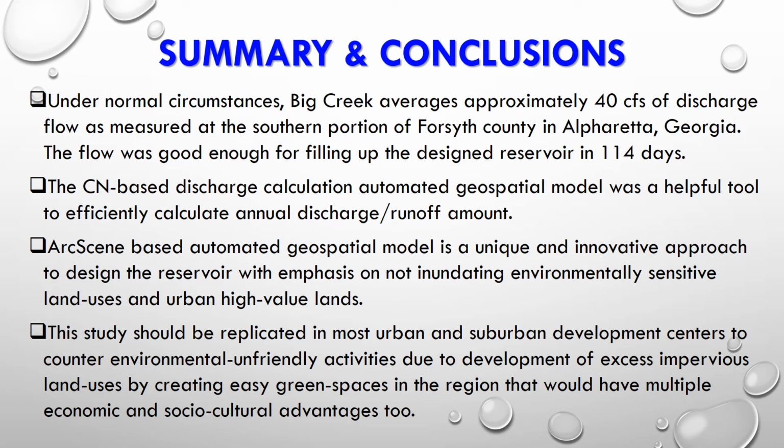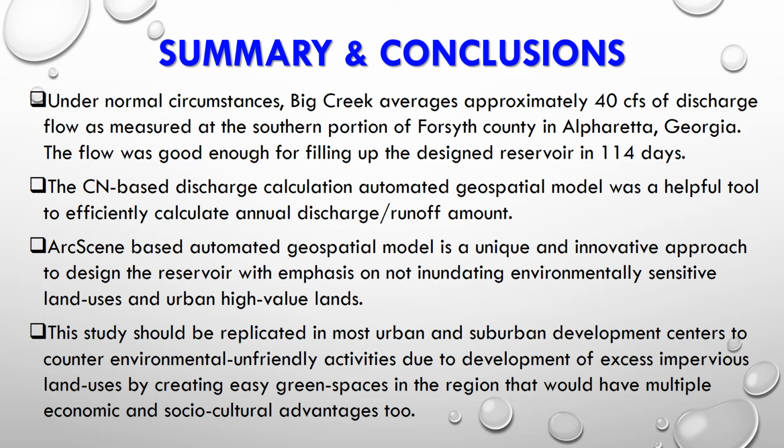So the summary and conclusion: under normal circumstances, Big Creek averages approximately 40 cubic feet per second of discharge. And you saw that using geospatial technology, we created a model. We exactly calculated the cell by cell runoff or discharge amount coming, and using zonal statistics, we could calculate the total amount of water that is running into the reservoir or the dam location we proposed.